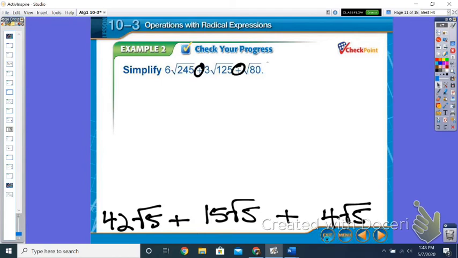And they're all root 5, so there you go. They all matched again. That won't always happen. Sometimes 2 will match and 1 will be different. Or sometimes you'll have 4 to begin with and 2 will match and the other 2 will match. It's always going to be something different. So 42 and 15 gives me 57. Plus 4 is 61. So 61 root 5.